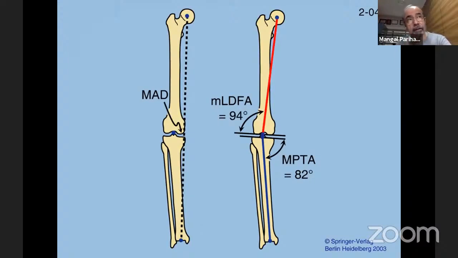Quite often, we get a combined femoral as well as a tibial deformity. An LDFA of 94 and an MPTA of 82.